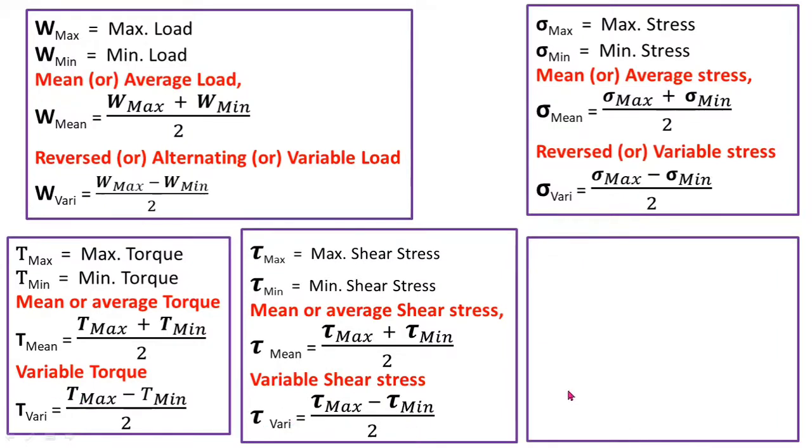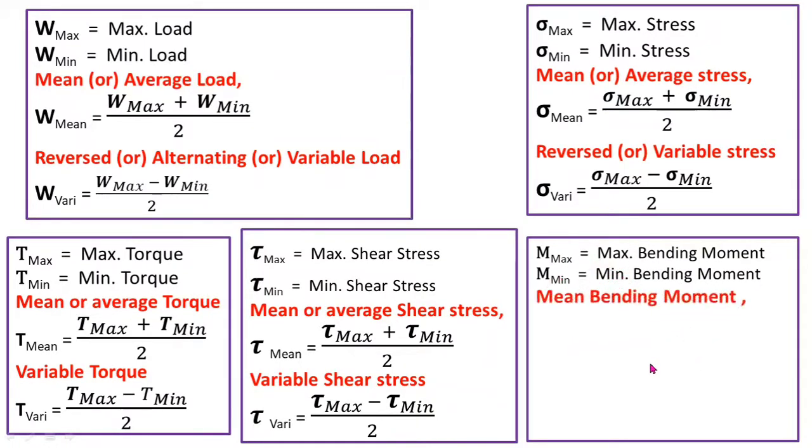In a similar manner, if you are considering bending moments, then m is the bending moment. M max is the maximum bending moment, m minimum is the minimum bending moment, m mean or average bending moment, mm, equals maximum plus minimum bending moment by 2.